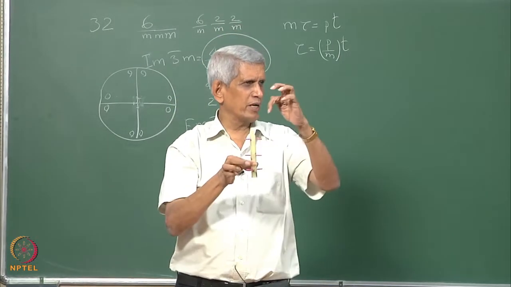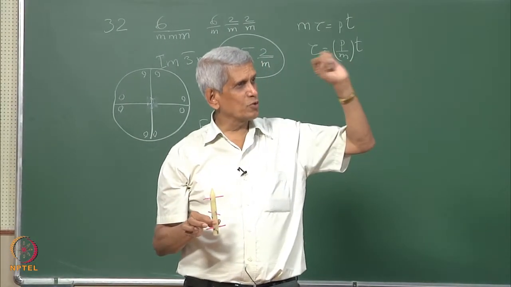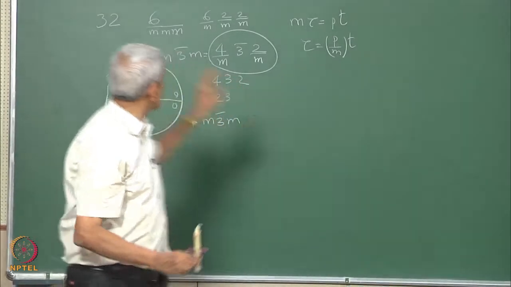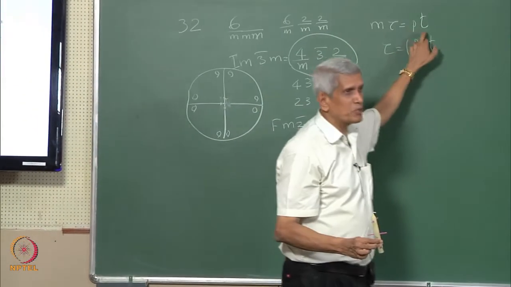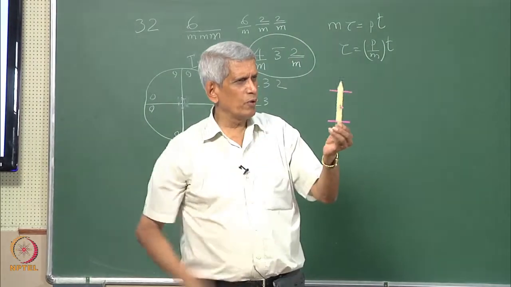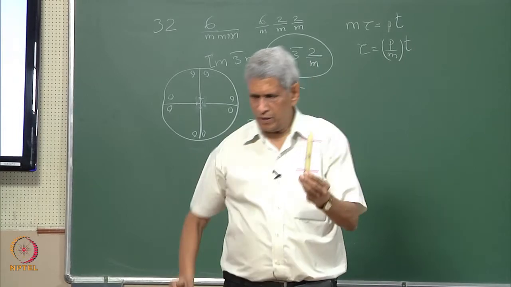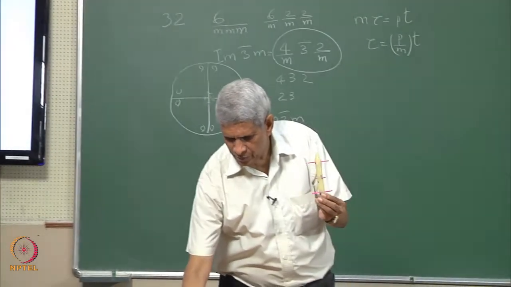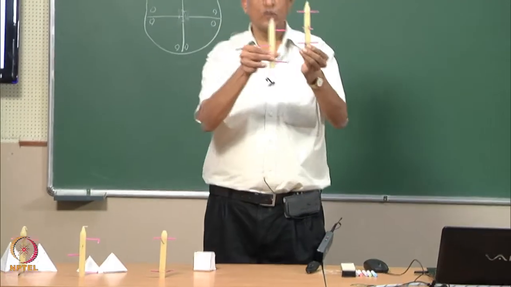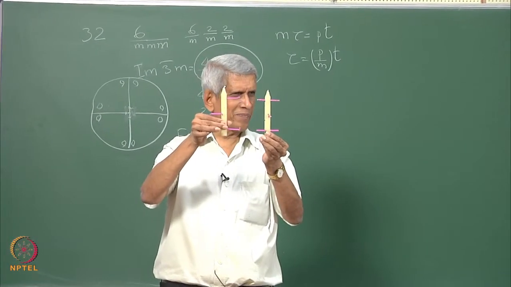In this particular case, the translation is 2 times, okay? That is what essentially this expression, this P, means, okay? So if you compare these two, now you can see that they are not the same.